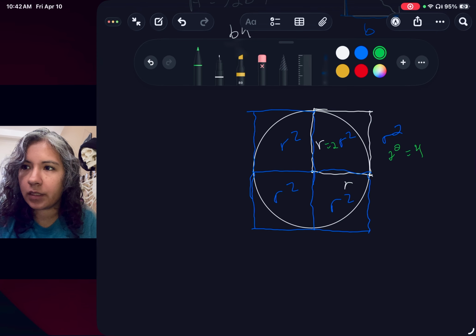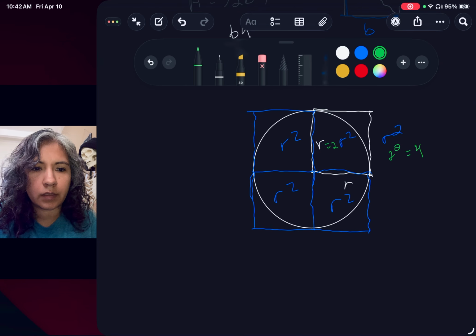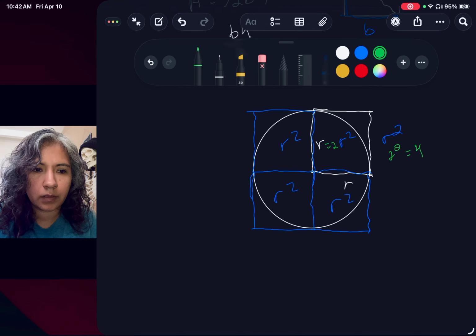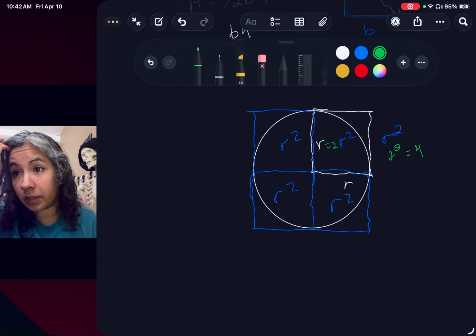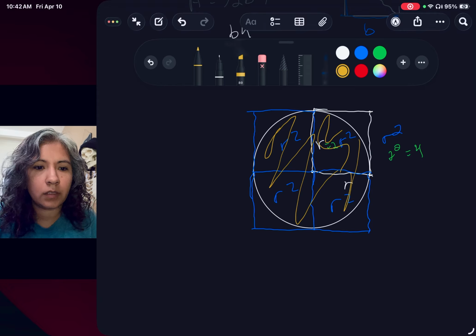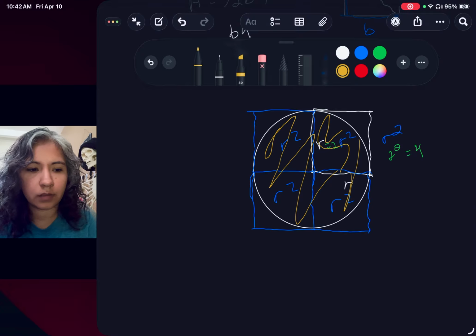So if the radius is r, the area is r squared. We can see that the area of this whole circle is less than the area of 4 squares.